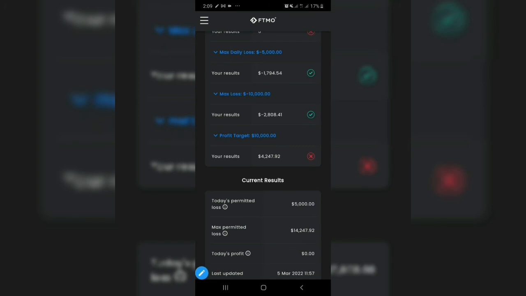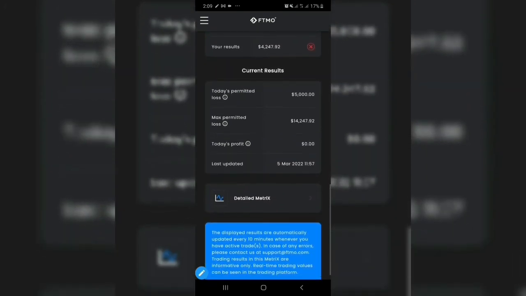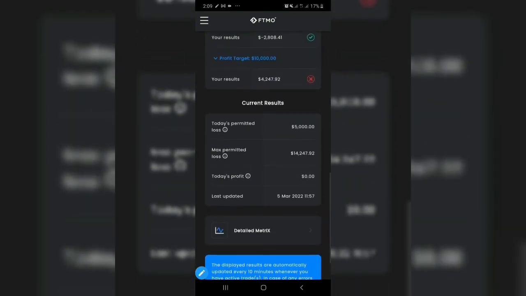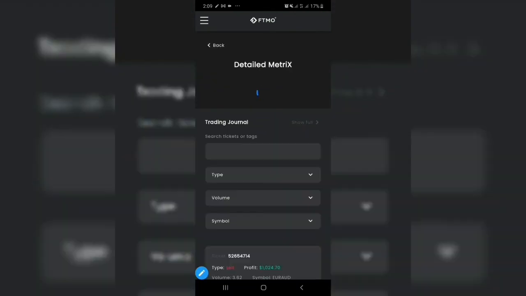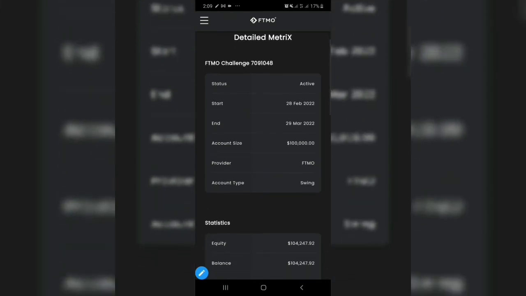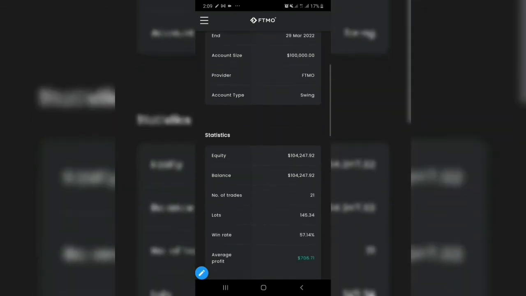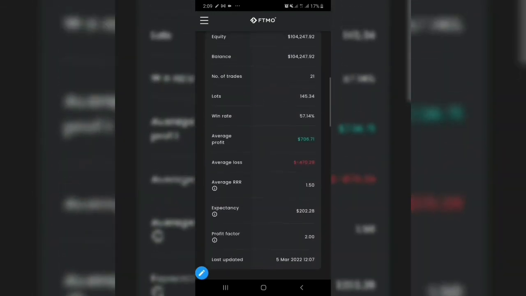So we have still passed these ones, which are major, the daily loss and the maximum loss. But the target, we have not yet reached. So guys, I don't want to stress a lot of things. That is just what I wanted to show you guys. So I think there's nothing much more about that.